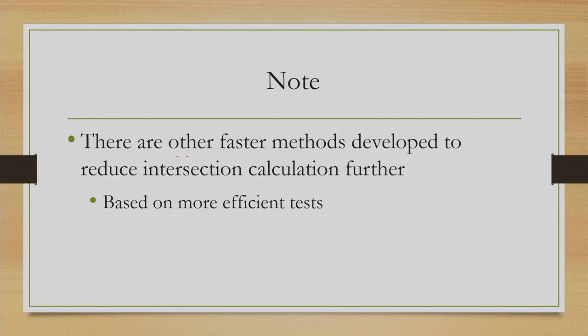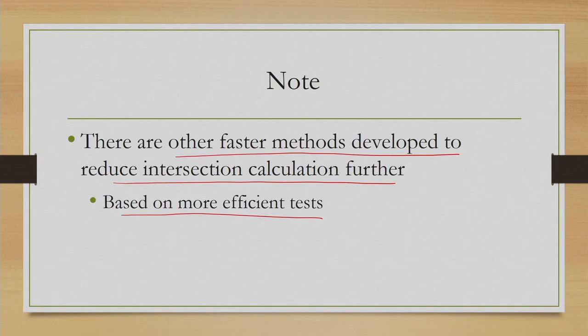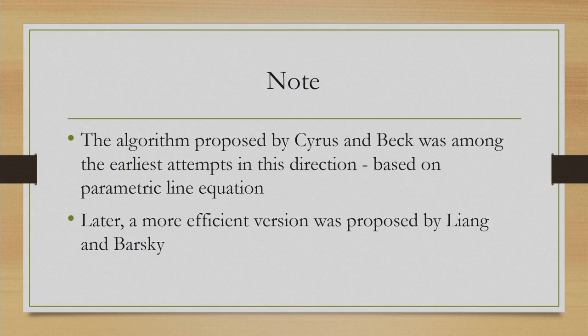There are in fact other faster methods that are developed to reduce intersection calculation further, and those methods are developed based on more efficient tests which do not require intersection or complex floating point operations. There was one algorithm proposed by Cyrus and Beck, which was among the earliest attempts in this direction, and which relied on parametric line equations.